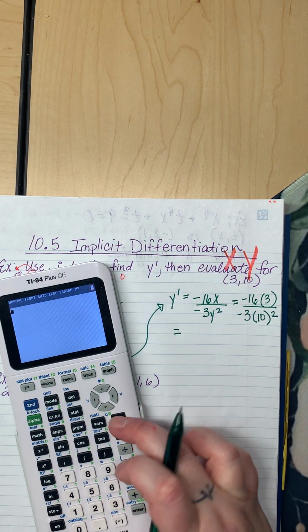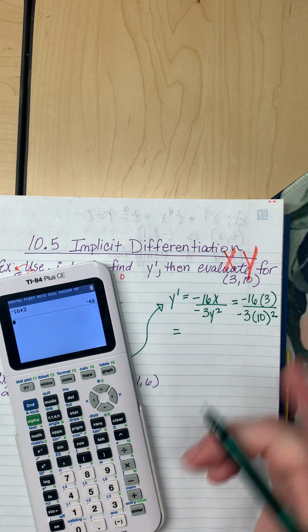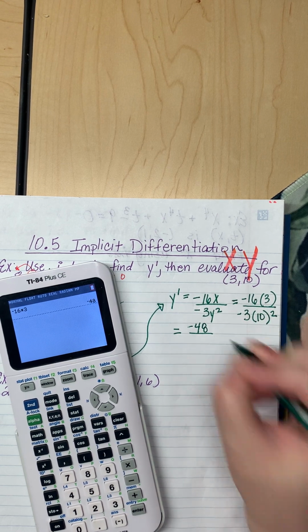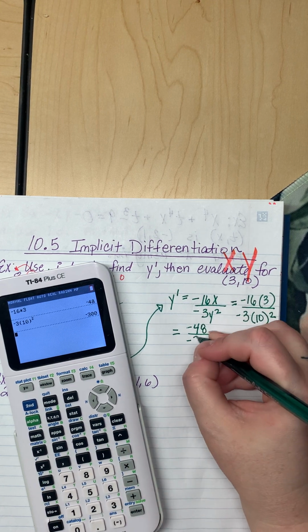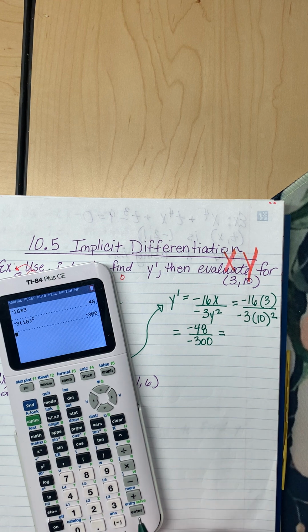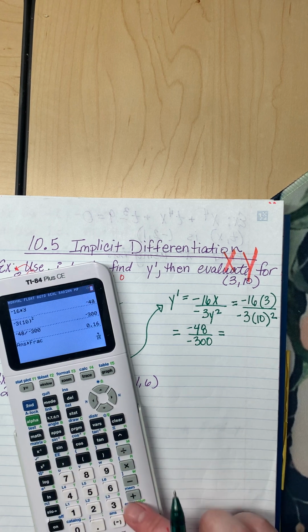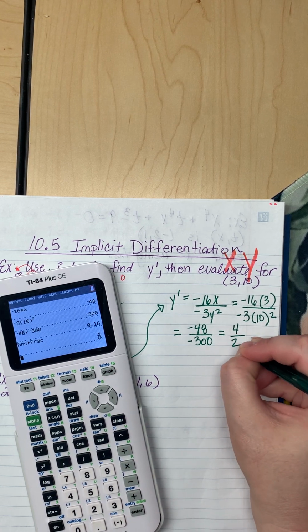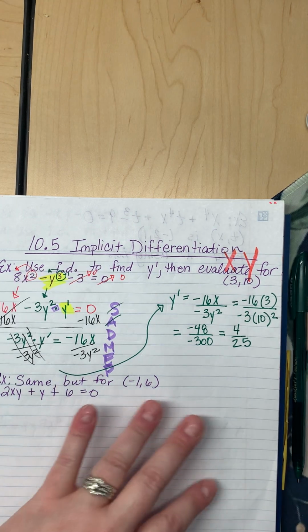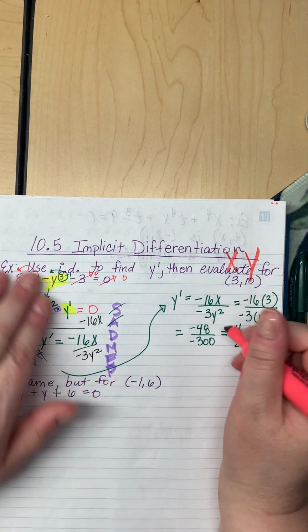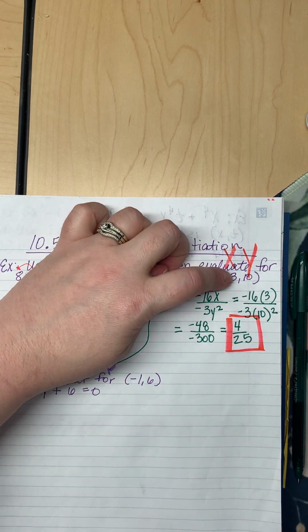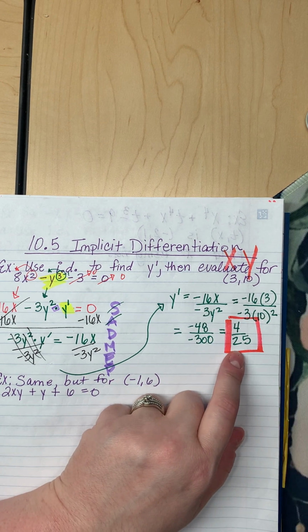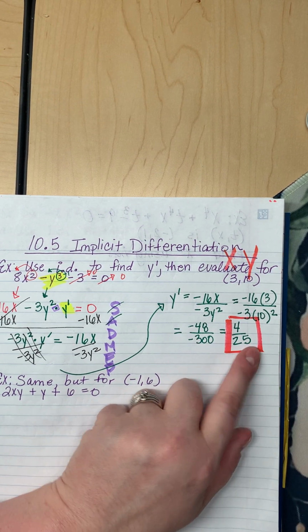Negative 16 times 3, negative 48, all over negative 3 times 10 squared, negative 300. Then I'm going to type both of these in and press math enter, and I get 4/25. So the slope of this janky curve at the point 3, 10, the slope is 4/25, as in we rise up 4, we run 25. Okay, done with that one.